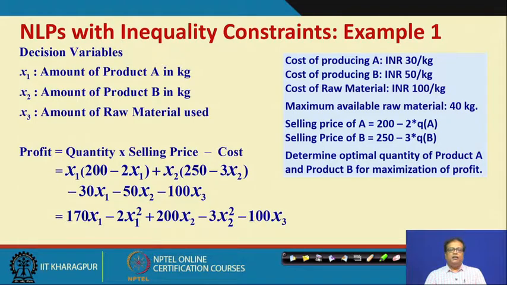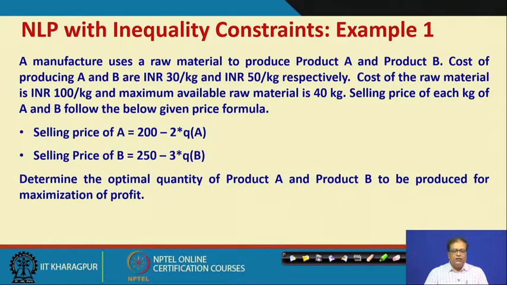What is the constraint? The constraint is very clear: the sum of the two products x 1 and x 2 should not be more than the raw material available, because that is a constraint. You cannot produce without the raw material.